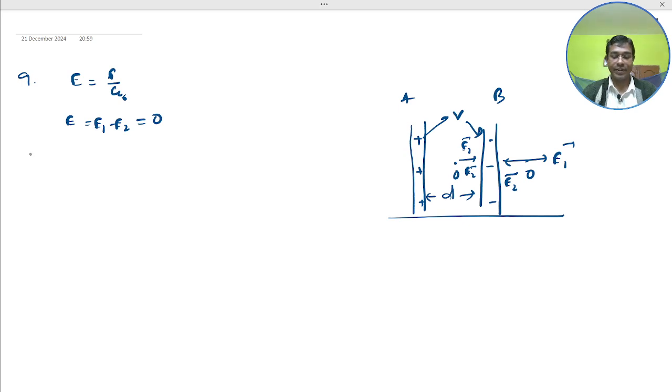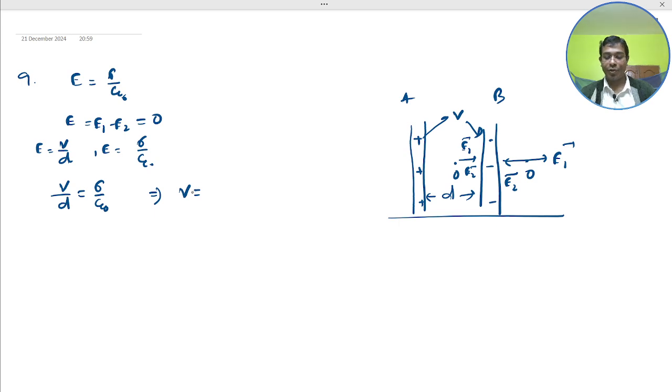For the potential difference, we know E equals V by D, where D is the distance, and E is equal to sigma by epsilon naught. So V by D is equal to sigma by epsilon naught. Our final relation for the potential difference is V equal to sigma D by epsilon naught.